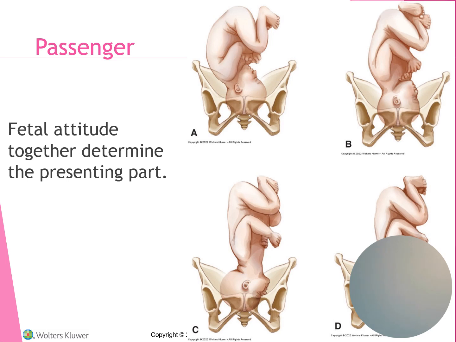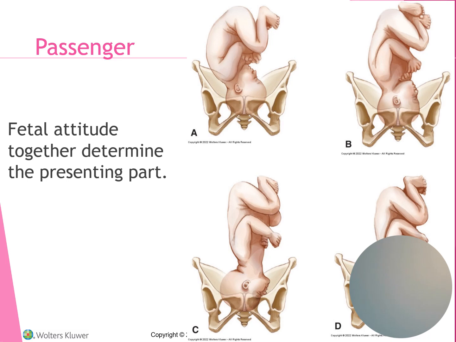So different examples of fetal attitude. We have the vertex, we have the military attitude, we have the brow presentation, and we have the facial presentation. Again, it kind of depends on what position that fetus is in as it goes through the birth canal.